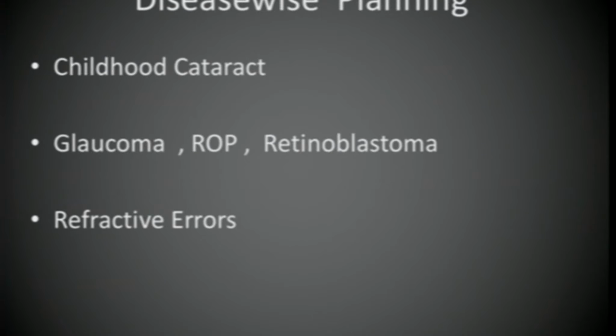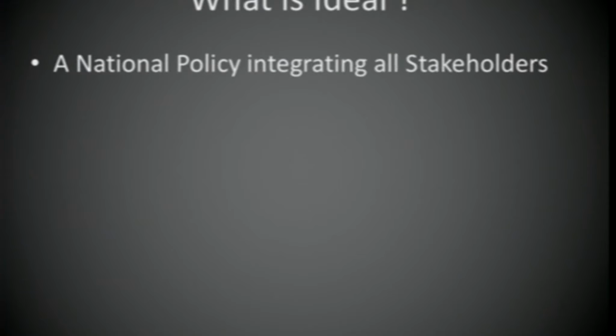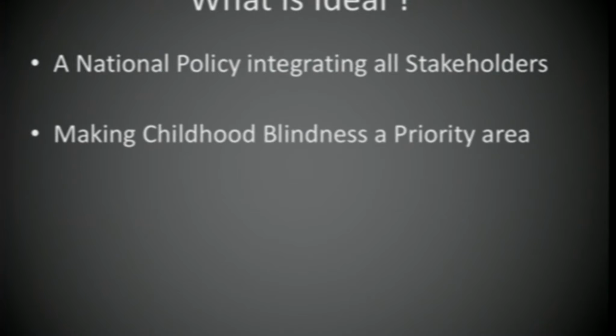So basically, you probably need different allocations for different diseases, different problems. But what is ideal is a national policy which integrates all the stakeholders. We are actually many times reinventing the wheel, duplicating our services and our policies.